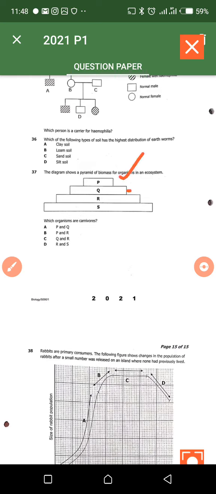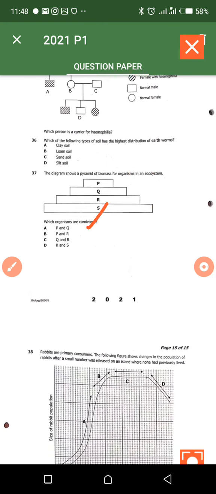So the carnivores there are P and Q. So we can see this is the primary producer, which is your grass, and then this is a primary consumer, which can be your cows, your buffaloes, and others, and then Q can be a lion, which will feed on that, and then that will feed on that. So what is the correct answer? P and Q. Okay, so P and Q. Where is P and Q? P and Q is A. Okay, so we are moving fast.